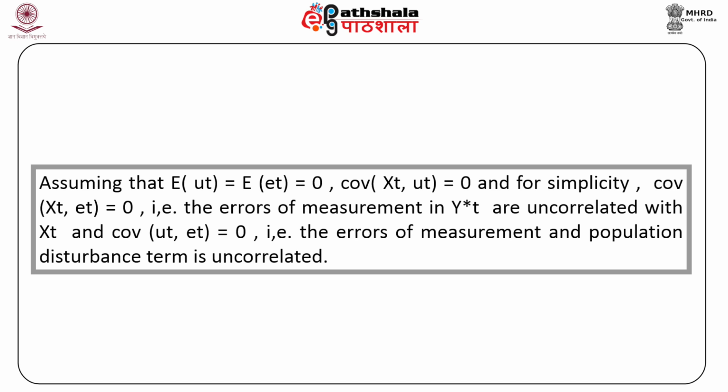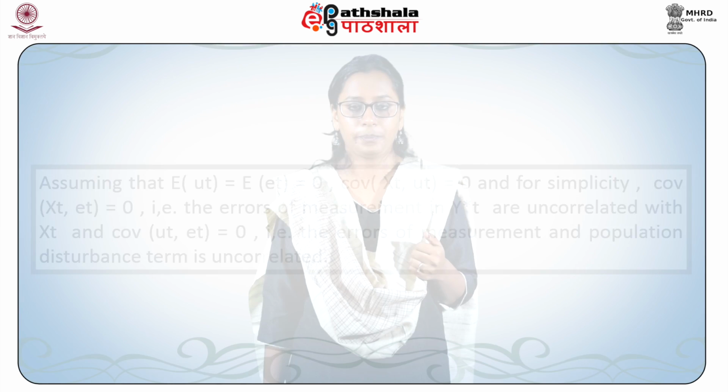Given these assumptions, the beta estimated from equation 6.3 will be an unbiased estimator of true beta. Hence, the errors of measurement in the dependent variable do not cause any harm to the unbiasedness property of the OLS estimators. However, the variance and the standard errors estimated from this equation will be very different from those of OLS estimators.